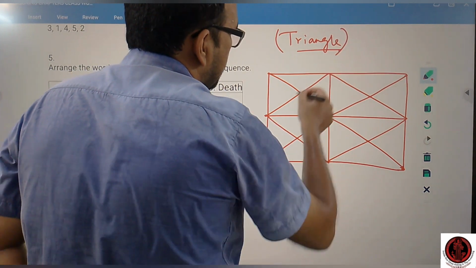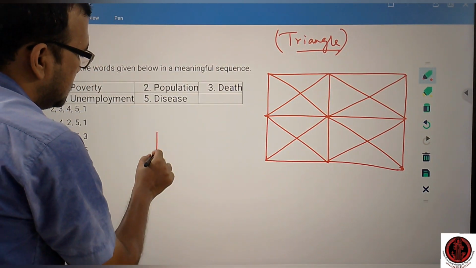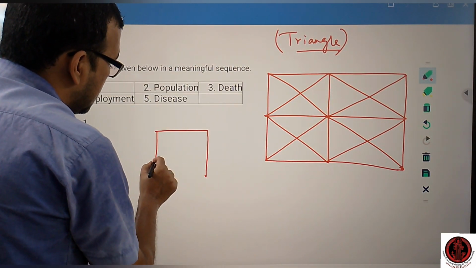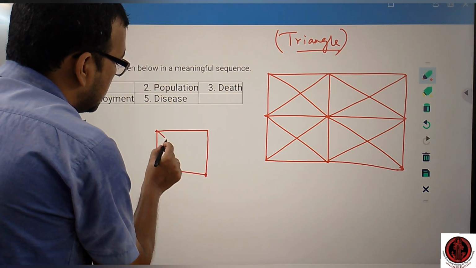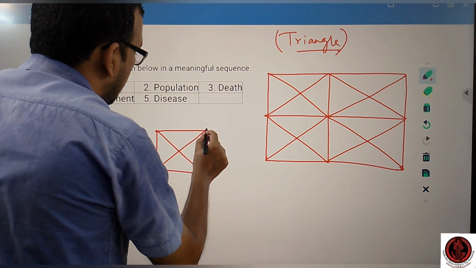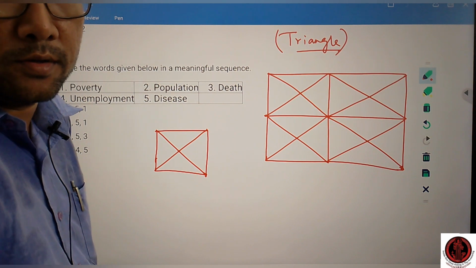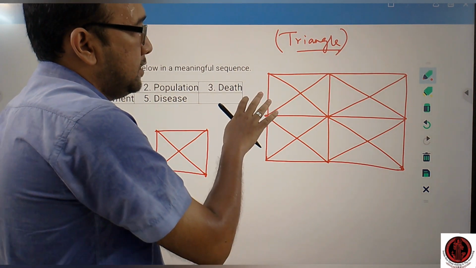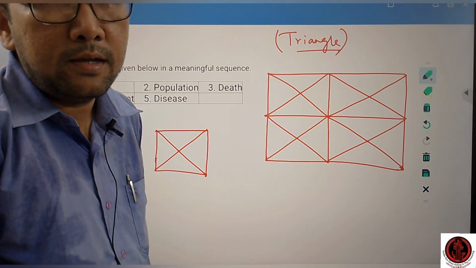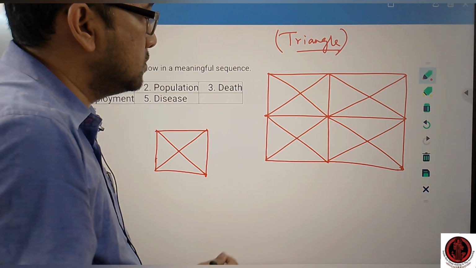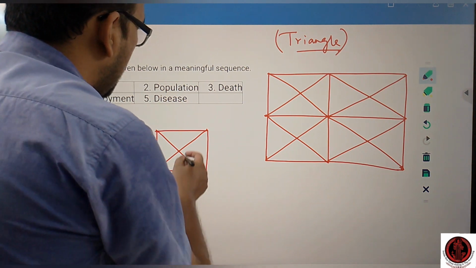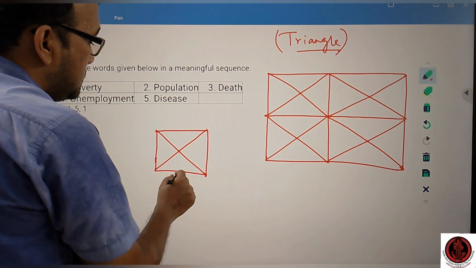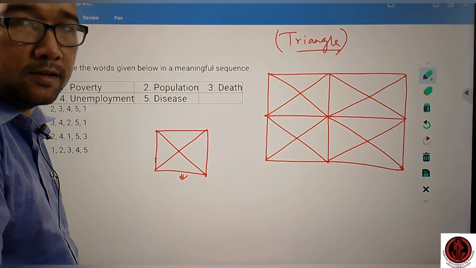When you have to count the number of triangles, first you have to identify the smaller figure by which the larger figure can be drawn. After that, count the number of triangles in this smallest figure.